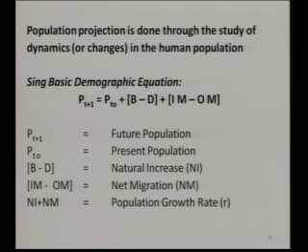The basic demographic equation is very simple. Population at time t plus 1 is any time in the future. If you want to know how many people are going to live in a country 10 years from now or 20 years from now, then you need to know how many people are there, how many births are occurring, and minus how many deaths. That is known as natural increase.